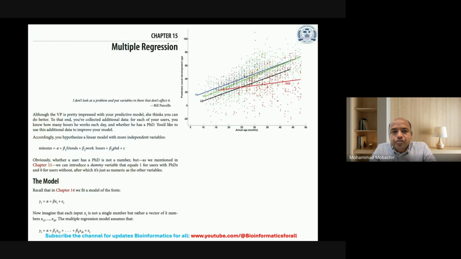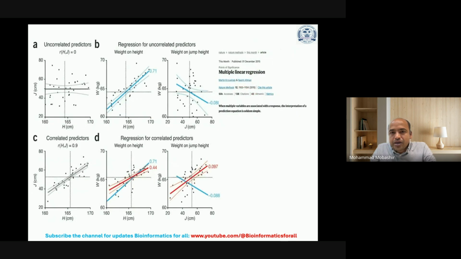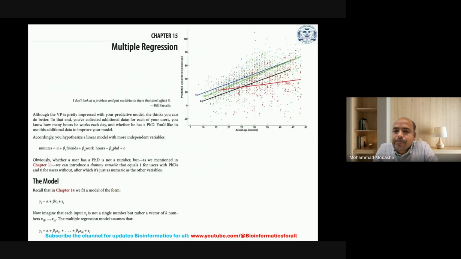Now it comes to multiple regression, which I have explained earlier. You need to understand linear regression, then it comes to multiple linear regression. I am not going to go over the definition again, but I am going to present some sample figures of how multiple regression may look.